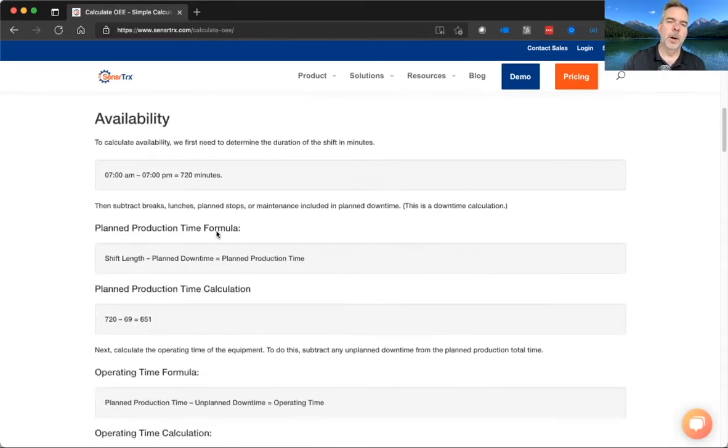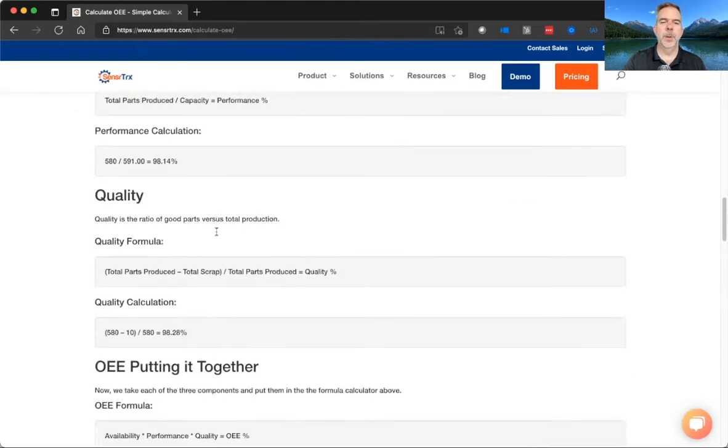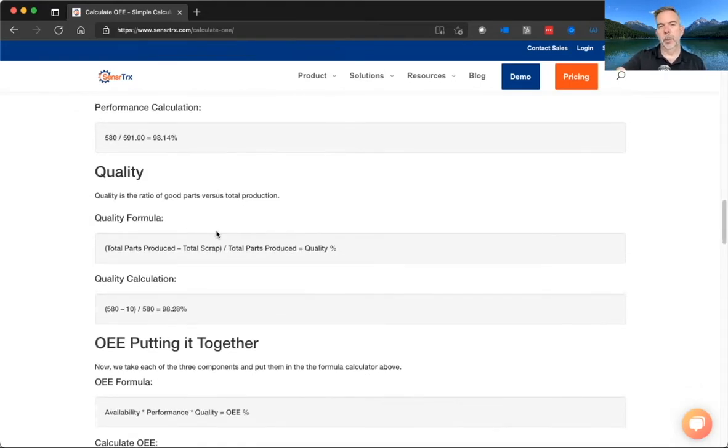So let's look at quality. What's interesting about quality is that the performance calculations are an input to the quality calculation. So quality is total parts produced minus the scrap. Basically that part of the formula is how many good parts did I make divided by total parts produced equals quality.